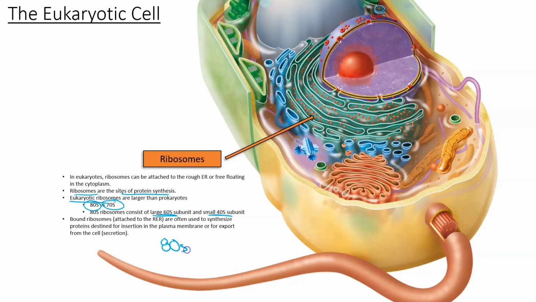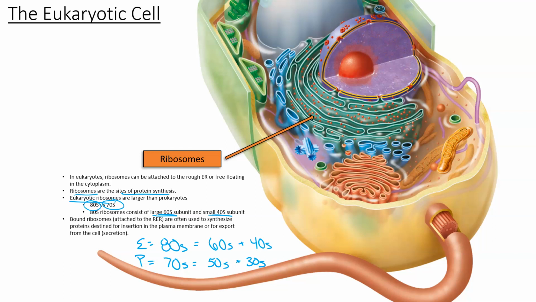So, our 80S ribosome is going to consist of a 60S large subunit and a 40S small subunit. To compare that with prokaryotic 70S ribosomes, remember 70S consisted of a 50S large subunit and a 30S small subunit. So you can see that prokaryotic ribosomes are substantially smaller than the eukaryotic ribosome, which is bigger.